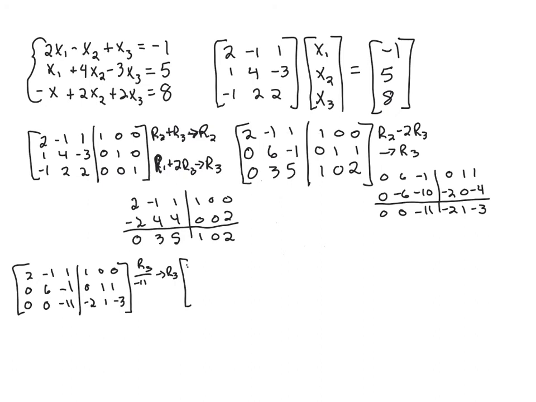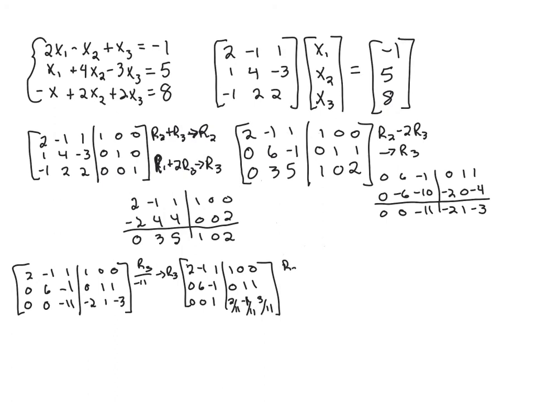And I'm also very soon going to run out of room. 0, 6, minus 1, 0, 1, 1, 0, 0, 1, 2 over 11, minus 1 over 11, I'm going to have to deal with fractions, positive 3 over 11.